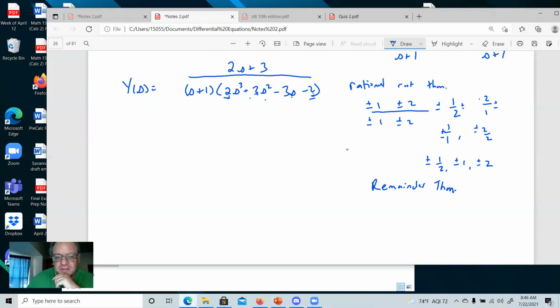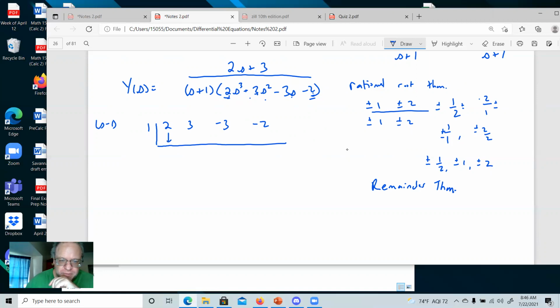So if I want to pull an s minus 1 out of here, we have a 1, a 2, 3, -3, -2. This is s minus 1 to pull out of here, because it's s minus c, and that'll give us all of this for synthetic division.